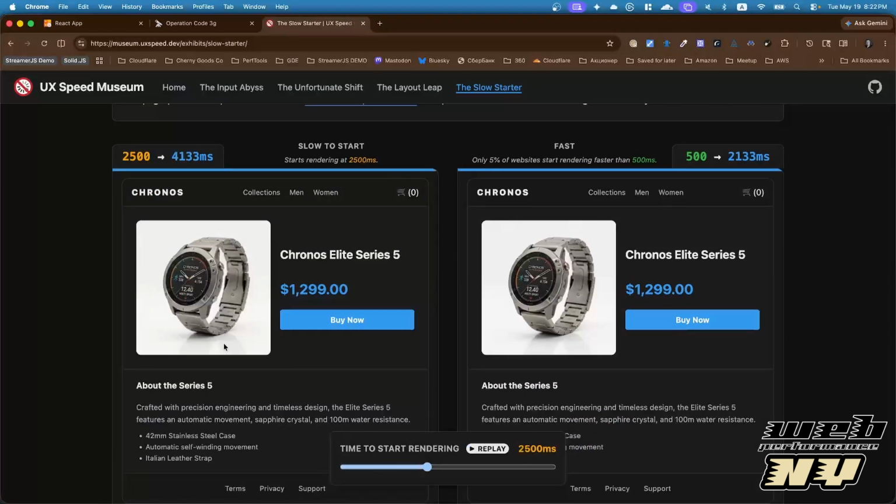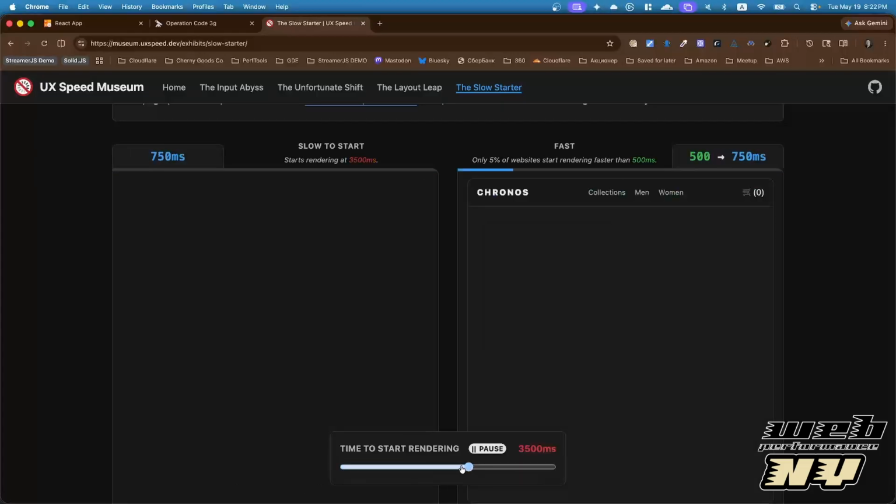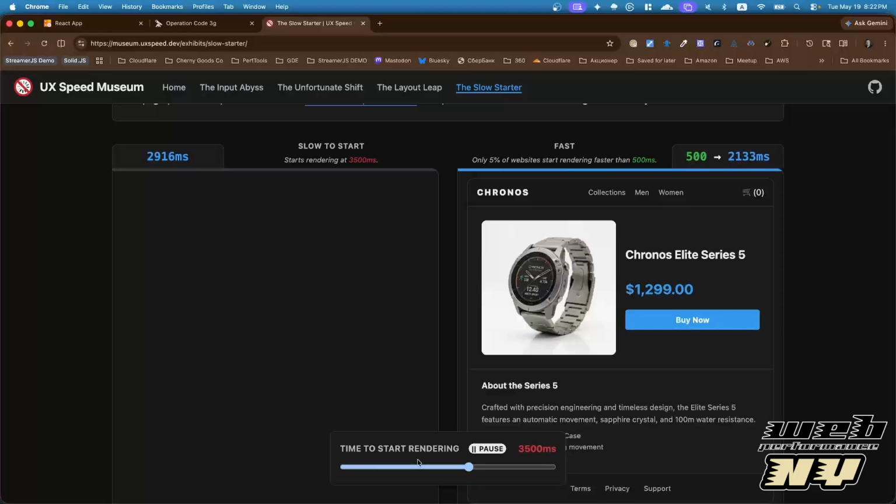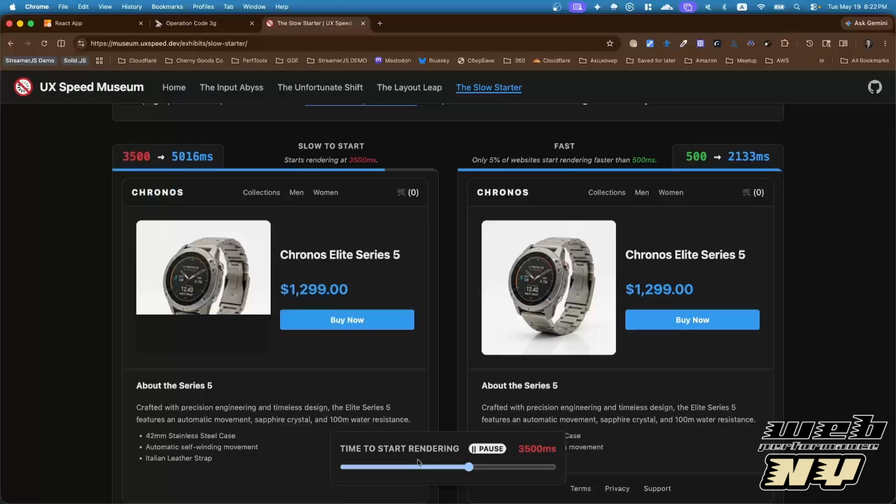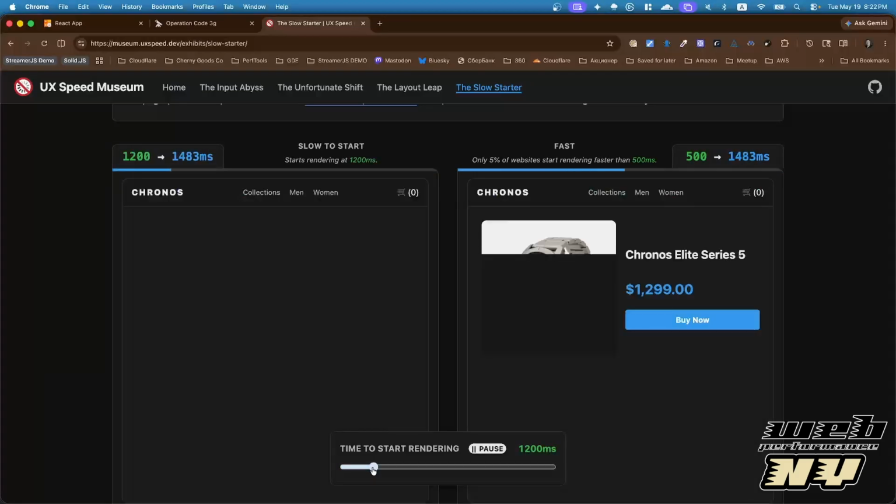The one on the left just started rendering later. For whatever reason, doesn't matter why. It's just slower, and this is how much faster it could be. All of it took the same amount of time to load, right? Except it started later, right?